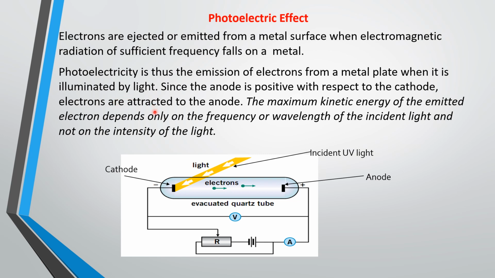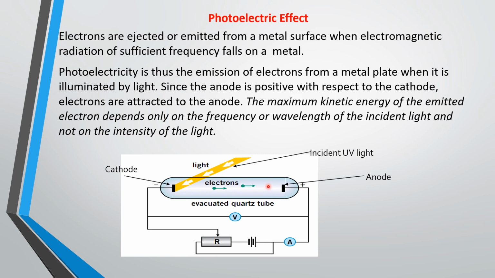That's what I said before. Now, since the anode is positive with respect to the cathode, electrons will stream to the anode. So the ejected electrons by this UV light will stream to the anode. Now, as the electrons are streaming, the ammeter will indicate that electricity is flowing.